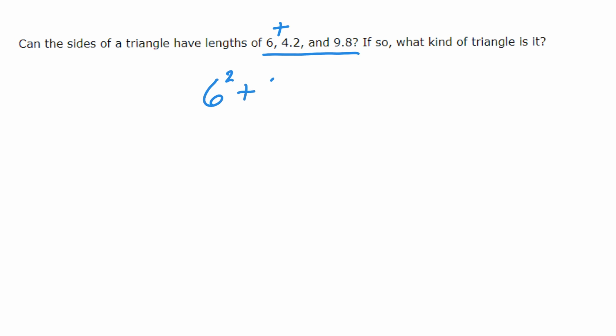So we go 6 squared plus 4.2 squared, and we're going to compare that to 9.8 squared. Again, I'm just using the equal sign for now to hold my place. So 6 squared is 36. 4.2 squared is 17.64.